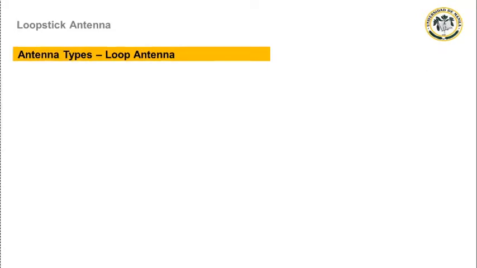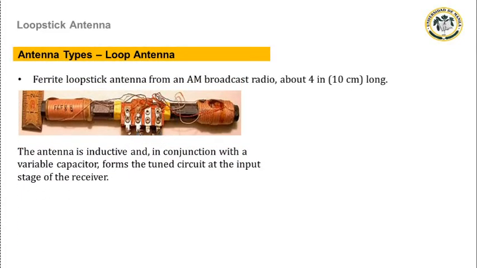Antenna types. Loop antenna. Ferrite loopstick antenna from an AM broadcast radio, about 4 inches or 10 cm long. The antenna's inductance in conjunction with a variable capacitor forms the tuned circuit at the input stage of the receiver.